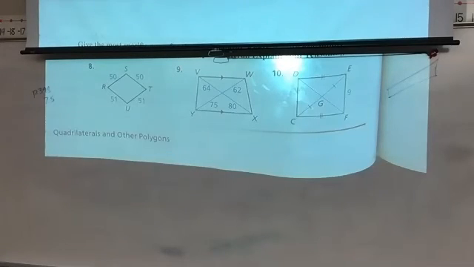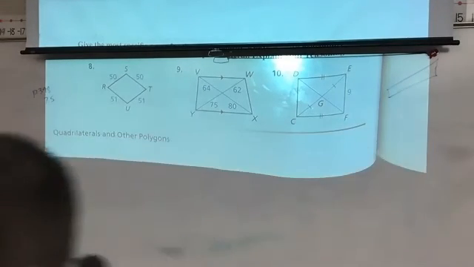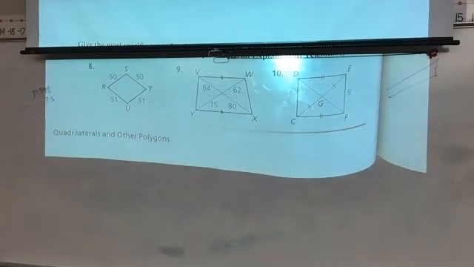The diagonals are congruent. Yeah. Well, that's only because isosceles.